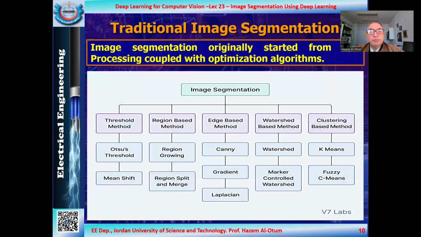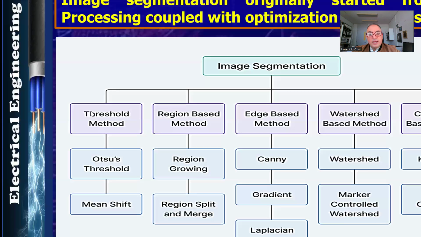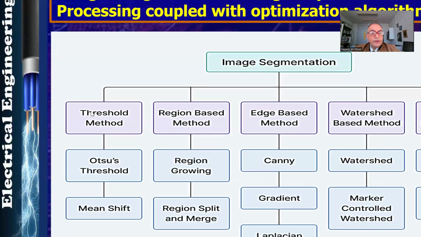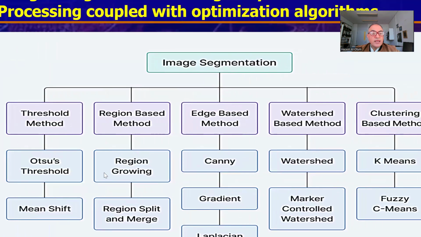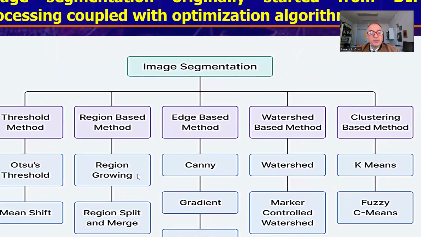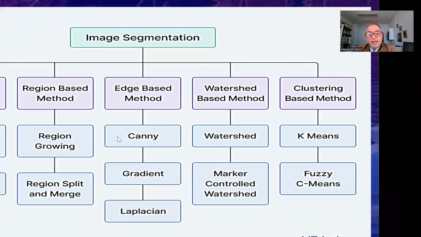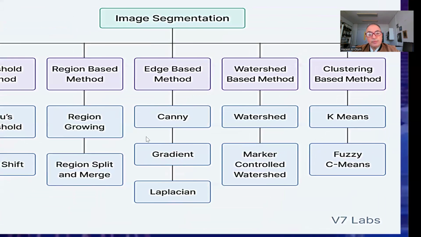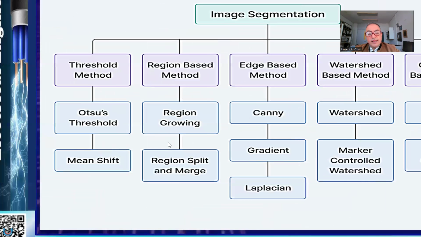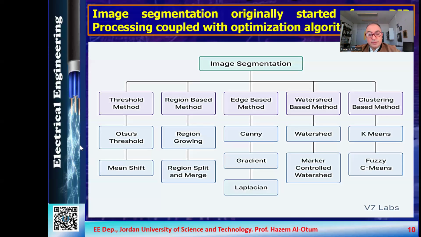Now, before thinking of image segmentation using deep learning, there were a lot of examples and tools for image segmentation. Just as a reminder, you can find here different types. We used firstly threshold methods, region-based methods, edge-based methods, watershed-based methods, and clustering-based methods. And when you go further, you can see a lot of applications here as a classical way for image segmentation.